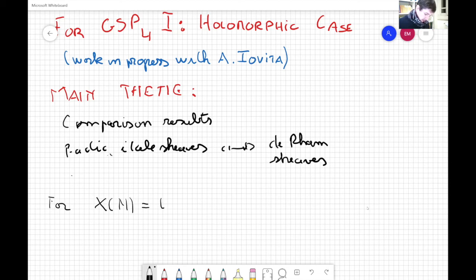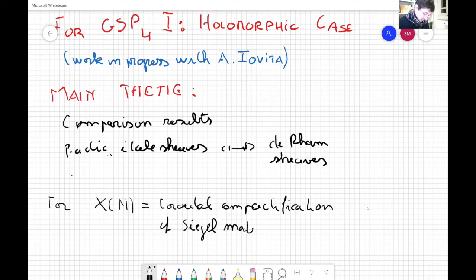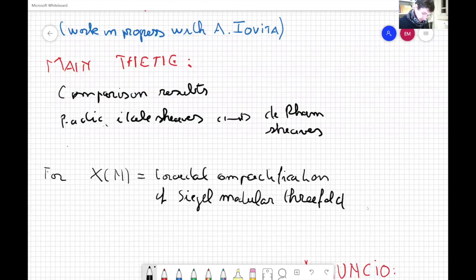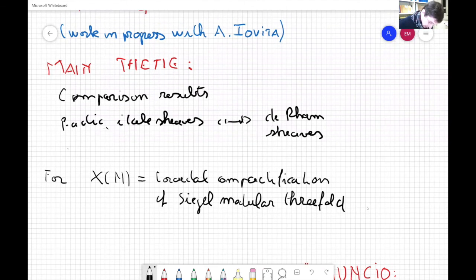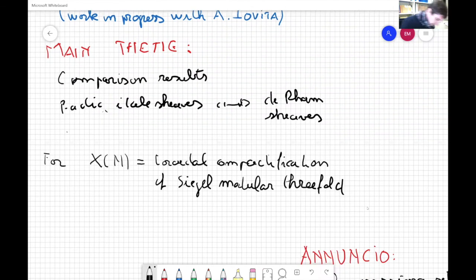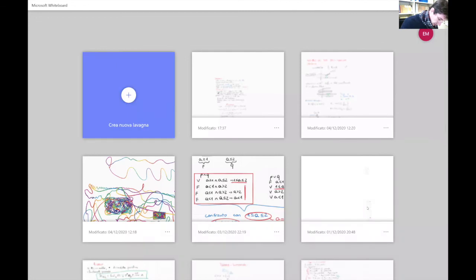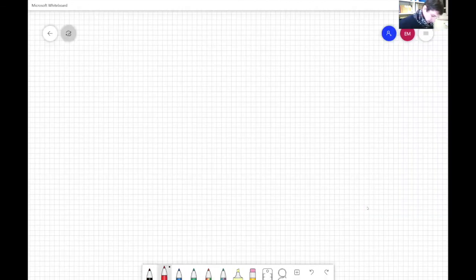Here it's the toroidal compactification of the Siegel modular threefold, which classifies, sorry, I see that I'm on an old blackboard. I have to change blackboard, sorry. Apologies about this.